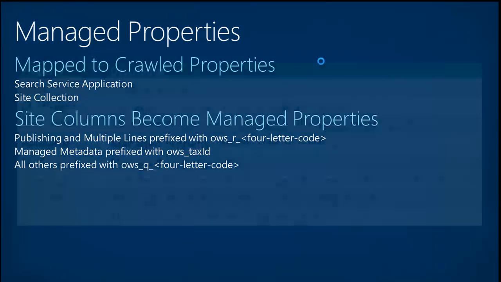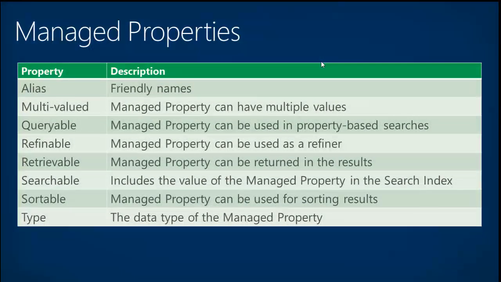One thing that is a little different here is that the managed properties in 2013 all have properties. So we have managed properties that have properties. And the difference here is that you have much more control over what a managed property can be used for. So for example, if you'd like to sort by a particular managed property, then you would set its sortable property to true.